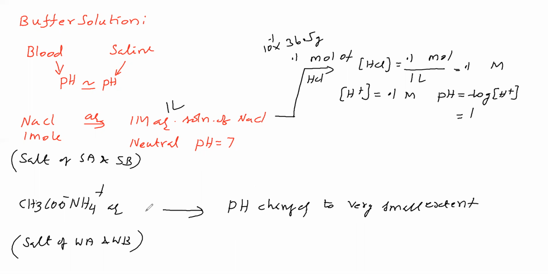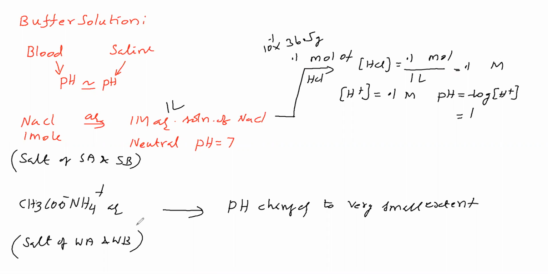Because what is the definition of a buffer solution? It has to resist the change in pH on adding acid or base or water. Whatever you add into this, the pH should not change. Then only it is called a buffer solution. If the pH is not at all changing on adding a small amount of acid or base or water or anything, then it is a perfect buffer. But a perfect buffer is not possible.